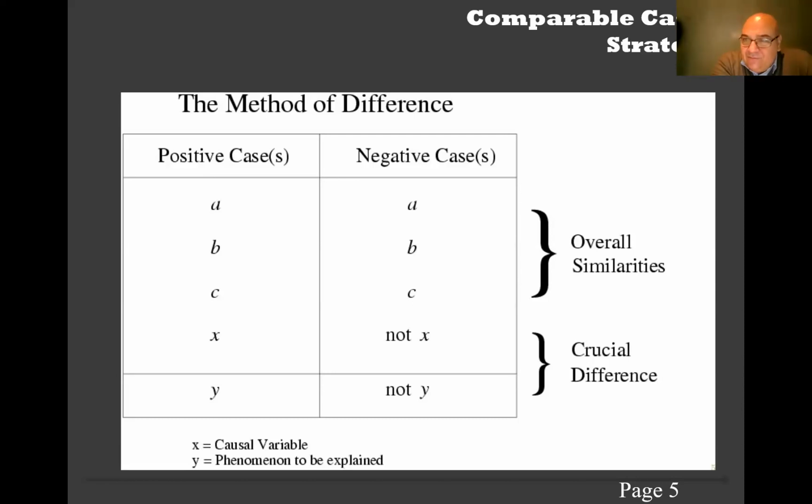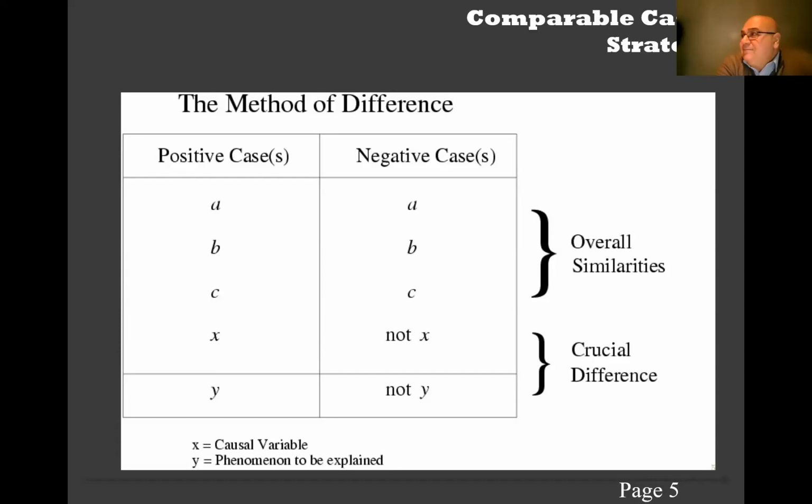The first method is the comparable cases strategy, or it is called the method of difference. It means that you have two cases. These cases have similarities on A, B, C. Do you see?